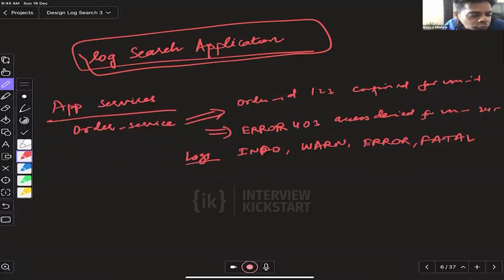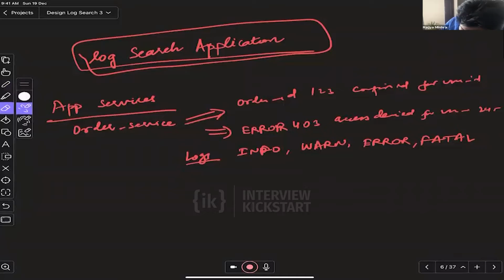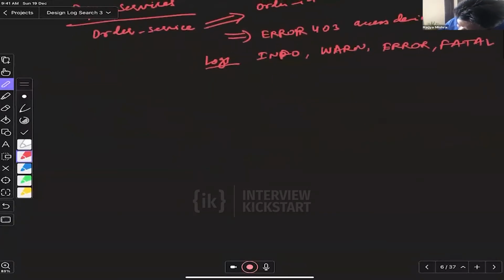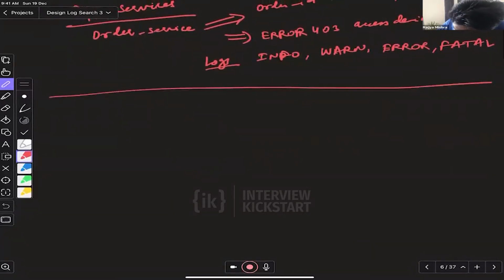Maybe they are trying to resolve some bug, or they are trying to understand how their application is behaving. And to go through the logs, software engineers send some queries.